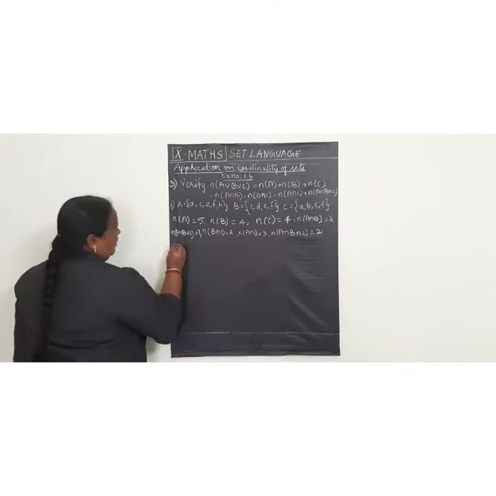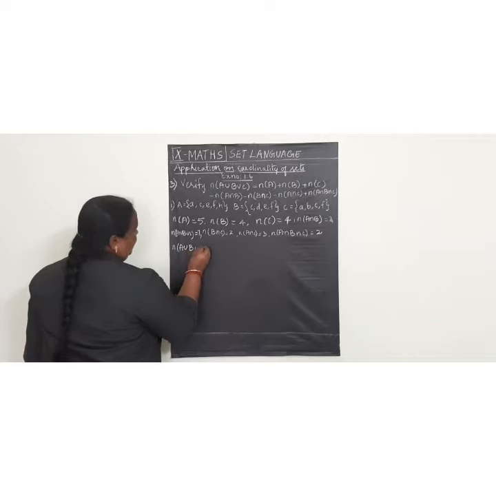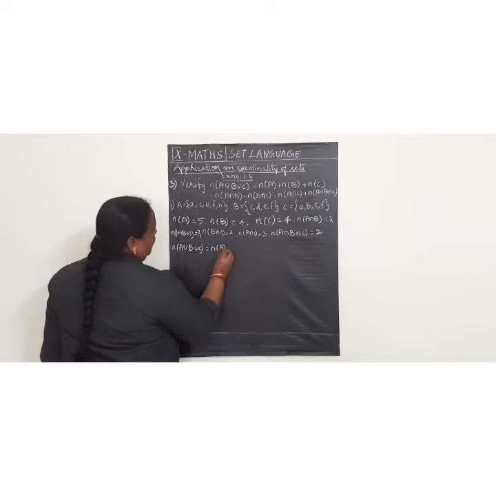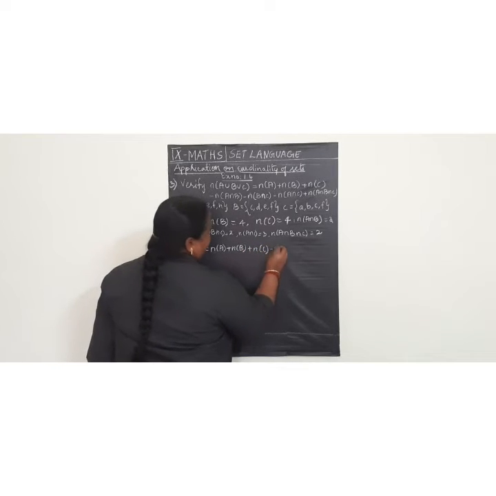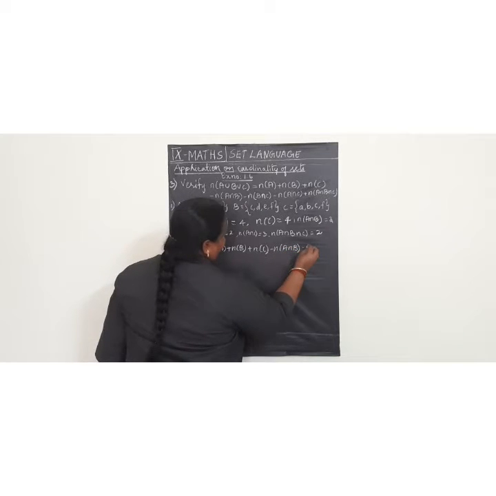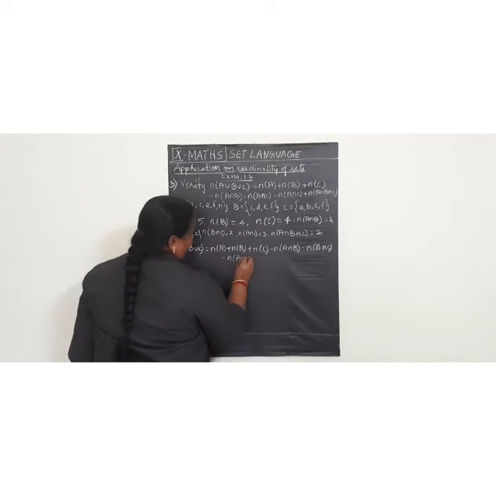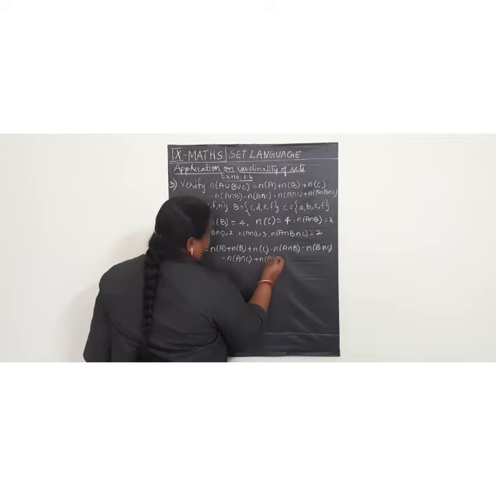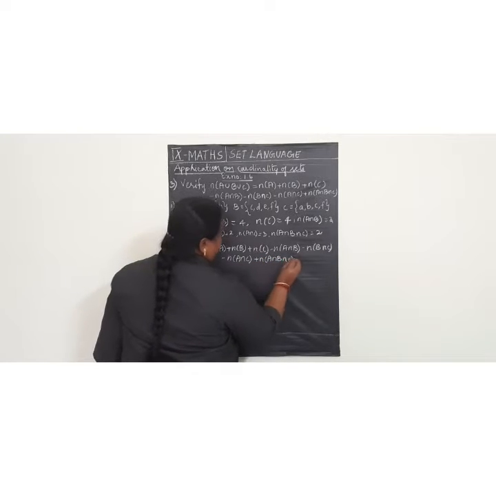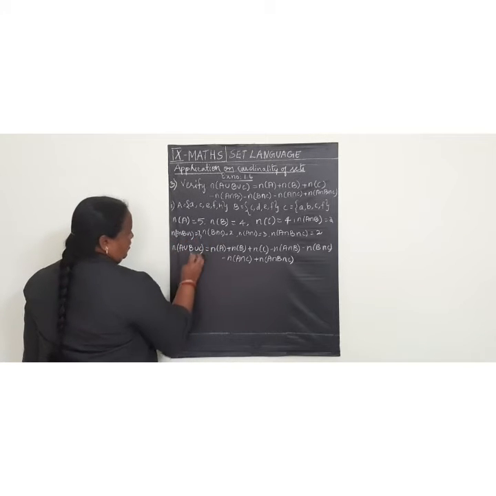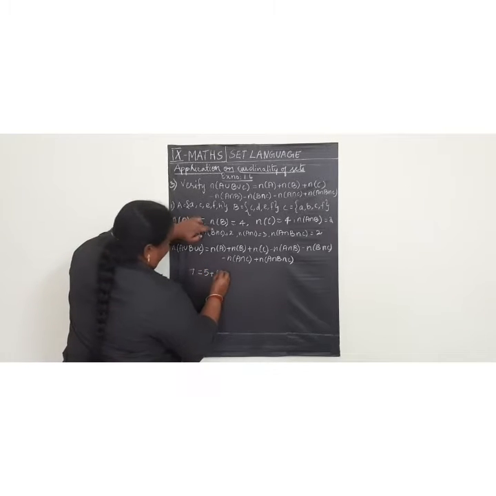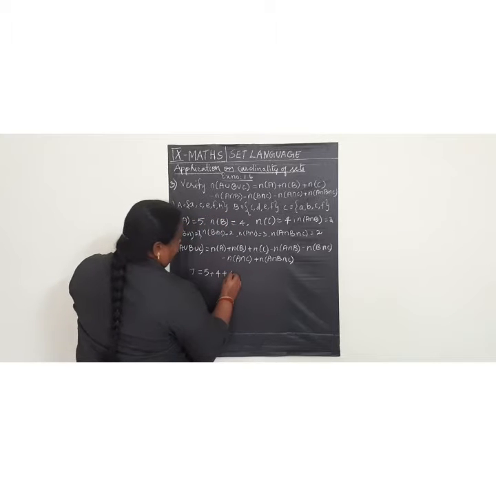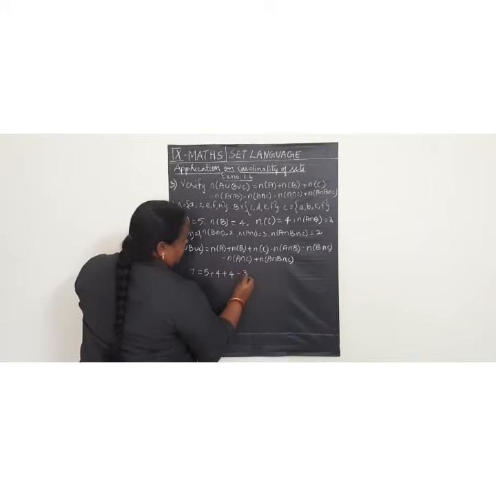Next we have to verify that n of A union B union C is equal to n of A plus n of B plus n of C minus n of A intersection B minus n of B intersection C minus n of A intersection C plus n of A intersection B intersection C. Now we found that n of A union B union C is equal to 7. 7 is equal to n of A, 5, plus n of B, 4, plus n of C, 4, minus n of A intersection B, which is 3.